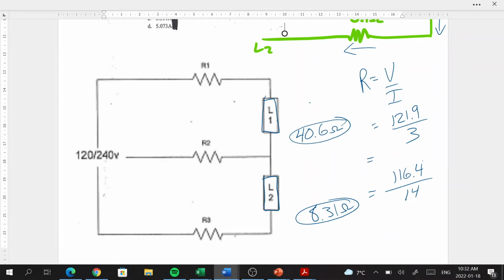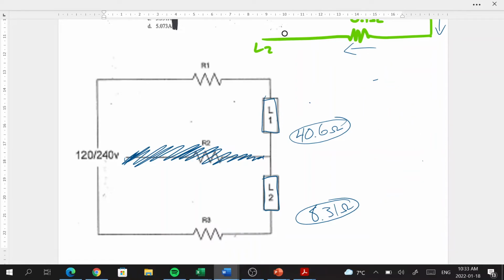Without the neutral now, that's going to be very different. So let's cross out our neutral. It no longer exists. And because we don't have a neutral anymore, we don't have that 120 volt option anymore. Between this point and this point, we've got 240 volts.